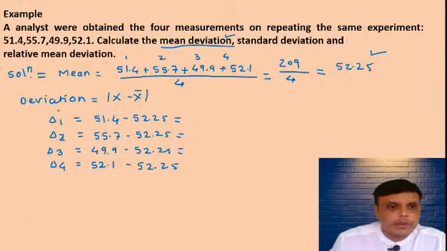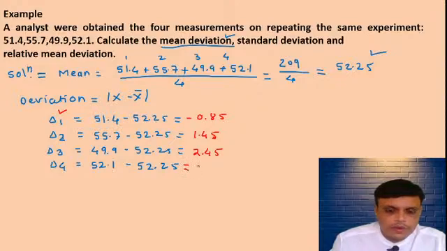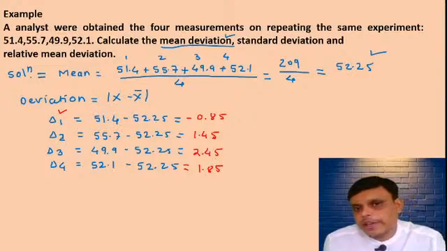Tell me the value of del 1. It is minus 0.85. Then del 2 is 1.45. Then del 3 is 2.45. Del 4 is 1.85.